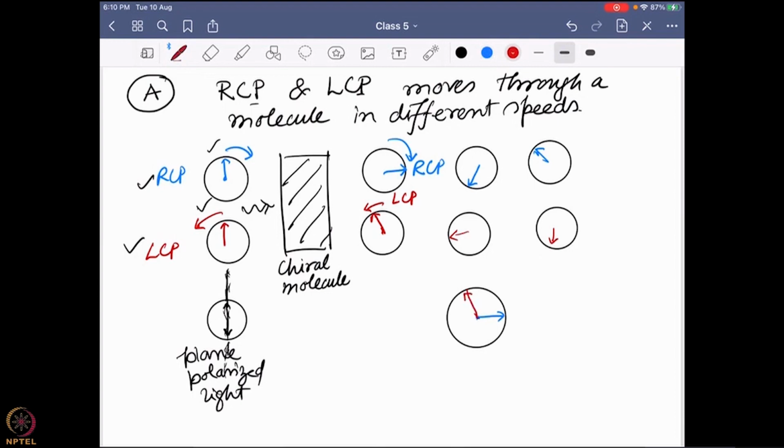Now the resultant doesn't belong to this original line over here, because right hand side rotation is happening way faster compared to the left hand side rotation. The resultant will now move.